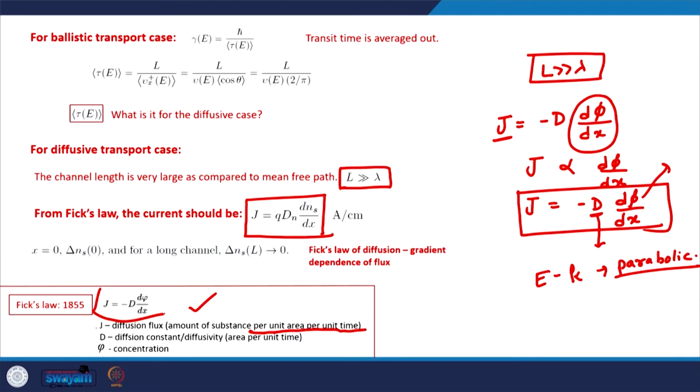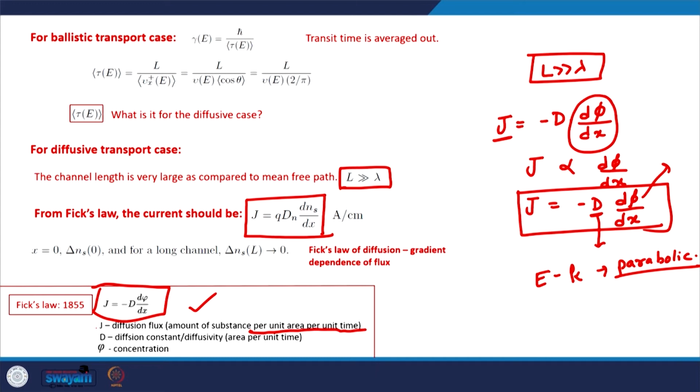So, the conduction electrons, that are the electrons very close to the bottom of the conduction band, in most cases have parabolic EK. Those electrons can be treated as classical particles, and the diffusion of classical particles will be given by Fick's law.